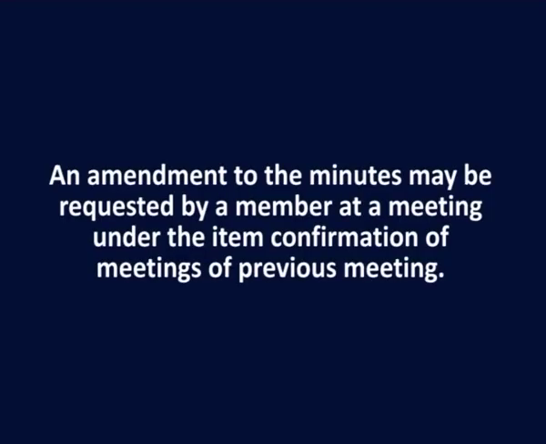Now, let us talk about amendments to the minutes. An amendment to the minutes may be requested by a member at a meeting under the item confirmation of minutes of previous meeting. In the event that the chair approves a proposed amendment, this amendment must be minuted without ambiguity.